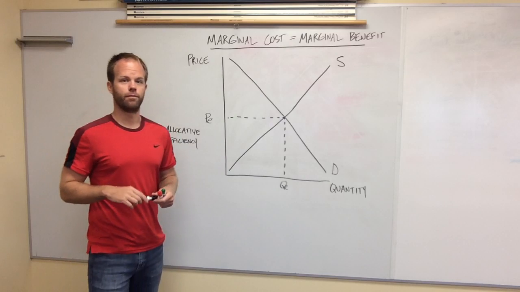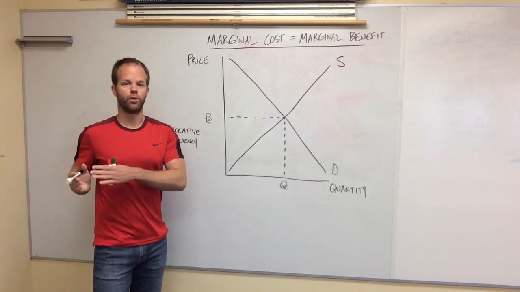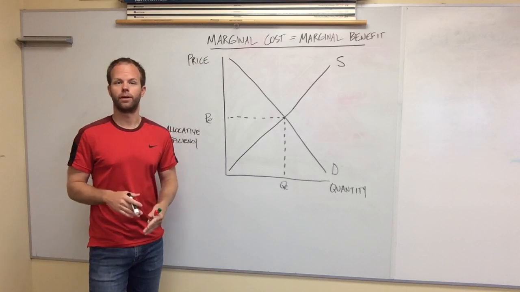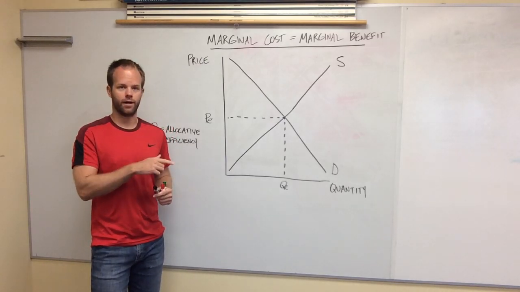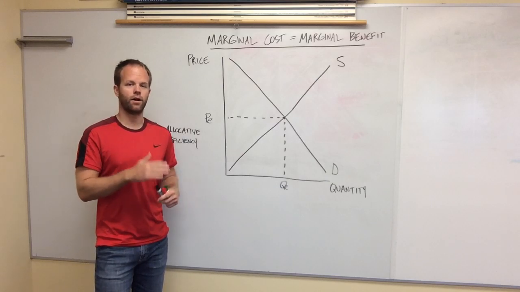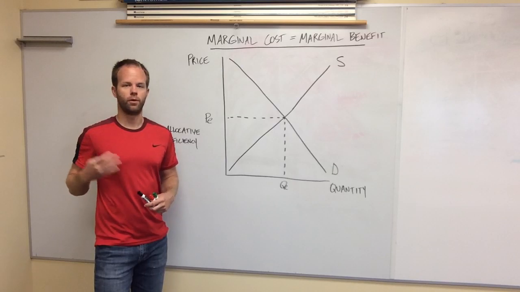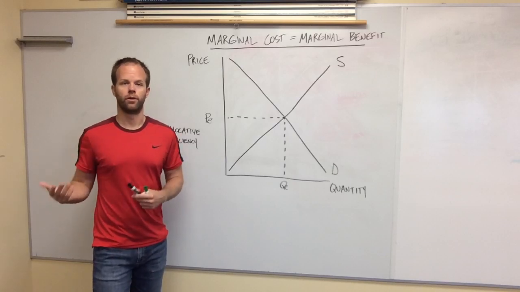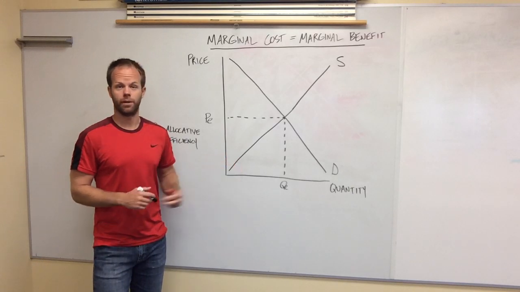The word marginal means the idea of producing one more or consuming one more thing. So in this case, the marginal cost is the cost to the producer to produce one more good or one more service, right? And basically we can show that with a supply curve.